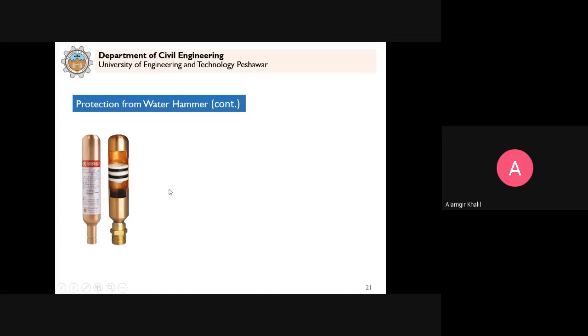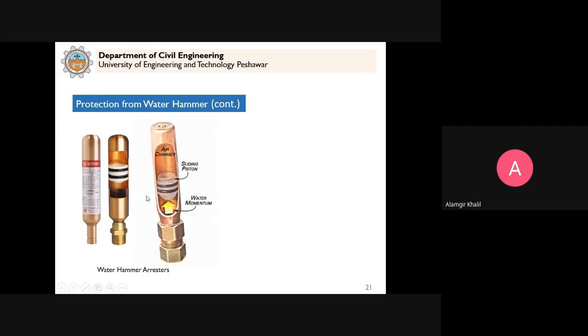In the water supply systems, now we are providing these, known as the water hammer arresters. In the Western countries, in the water supply systems, they provide this protection from water hammer. So what will happen?